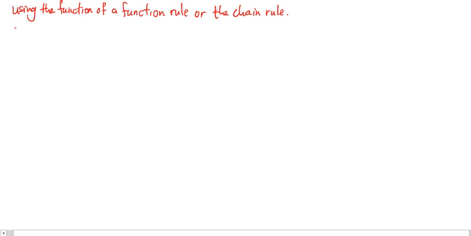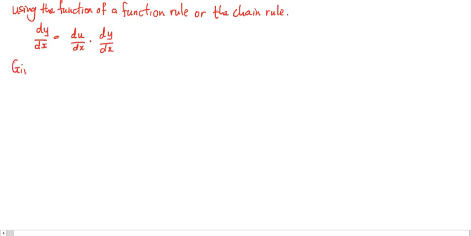Okay, so we typically use the function of a function rule when there's a derivative that we can't get right from the derivative rules, and then we apply the function of a function rule. The rule says if I want dy over dx of a function, that can be du over dx multiplied by dy over du.